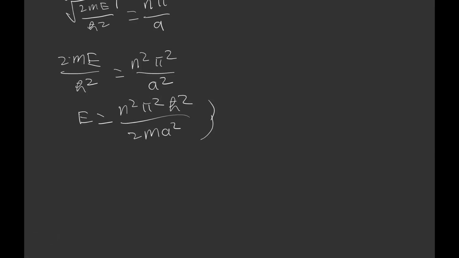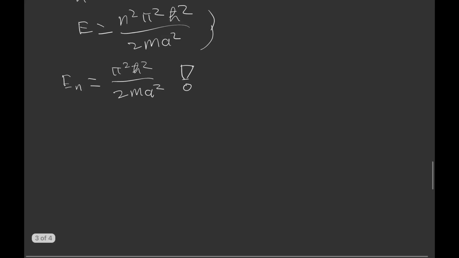So this is really the quantum physics in our problem. We see that we can only have a wave function with a quantized energy, namely En should be equal to n squared pi squared h bar squared over 2m a squared, and this is really the quantum physics in the problem.